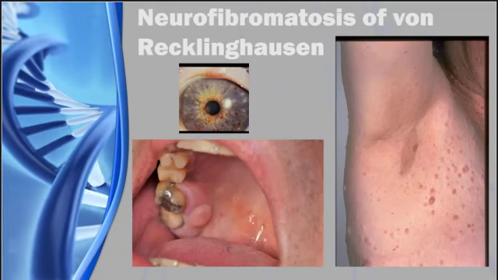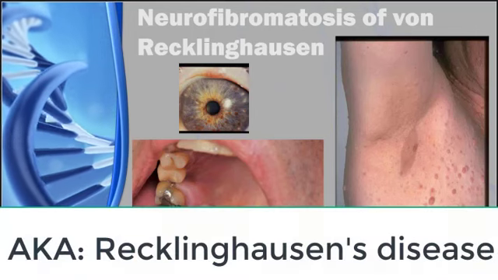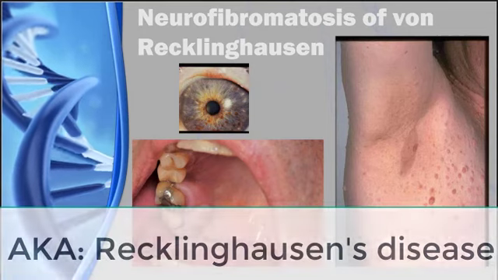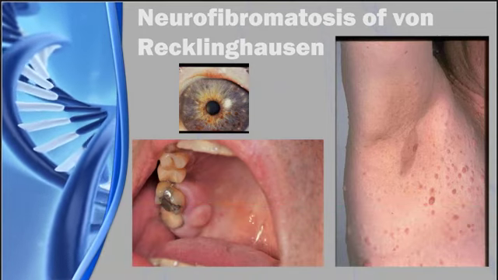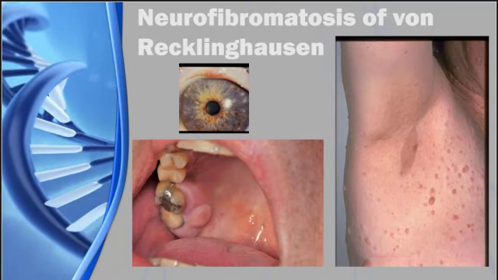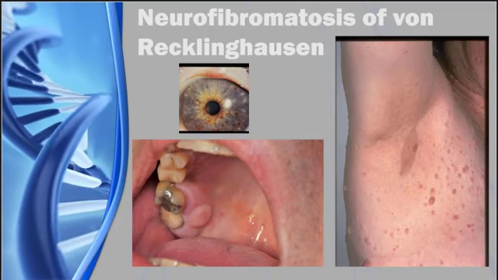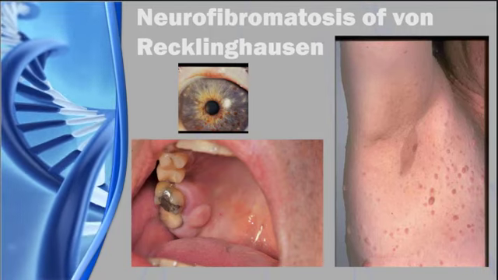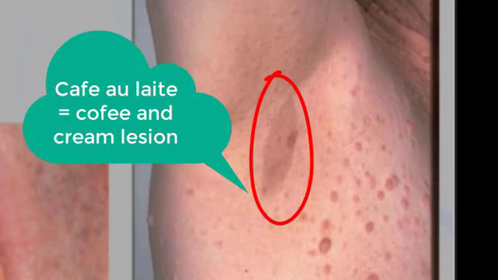Neurofibromatosis of von Recklinghausen is also known as Recklinghausen's disease, and it is a disorder in which the patient is lacking the tumor suppressor gene. So they end up with multiple neurofibromas, which may be discrete and superficial, or they can be deep and diffuse. They may have pigmented lesions as well and cafe au lait macules on the skin, or axillary freckling, which is also known as Crowe's sign.